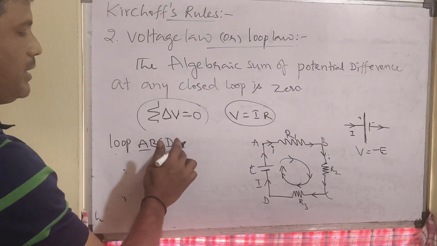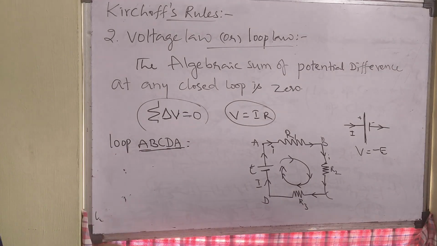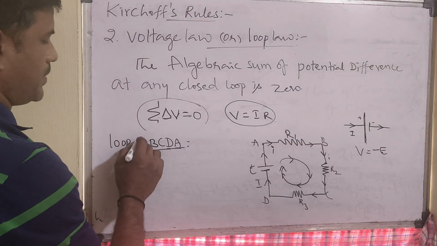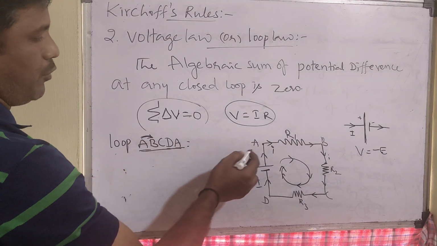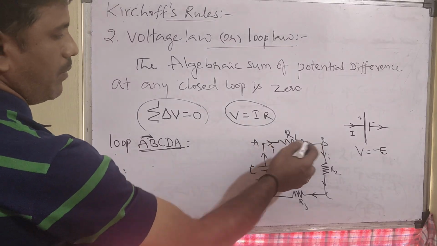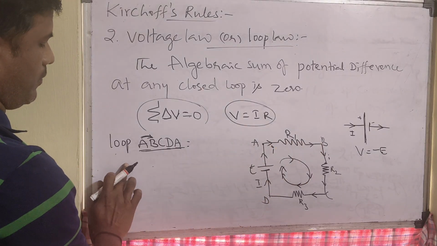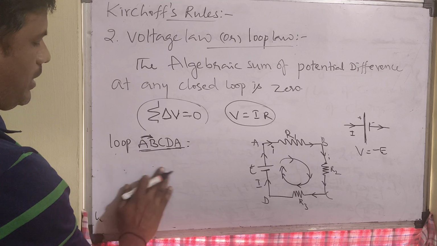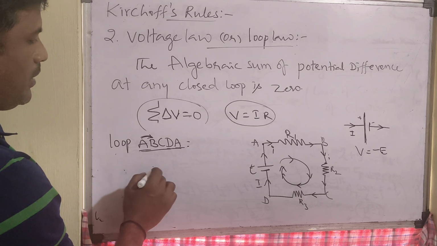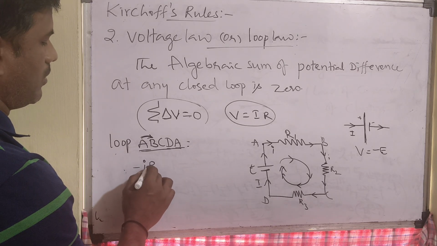D to A also makes it a closed loop. First we should observe A to B. A to B means what? Same direction. So according to the first condition, that means taken. That's why here minus IR1.